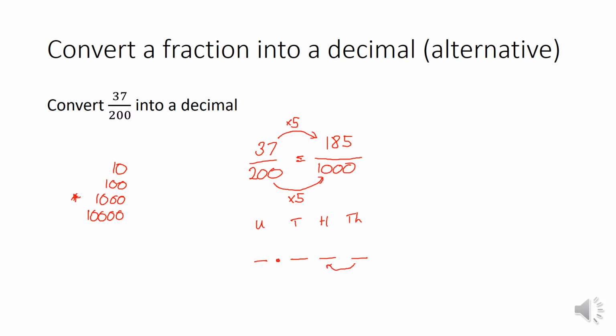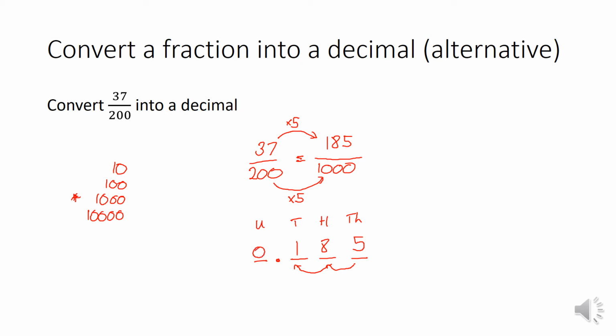If you've got more than 100, you're going to go into the next column again. So if we've got 185 thousandths, it's going to look like this. It's just that when you've got more than 10, you have to go into the next columns. And we don't have any units, so we just put a 0 there.